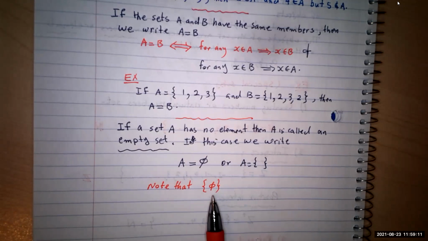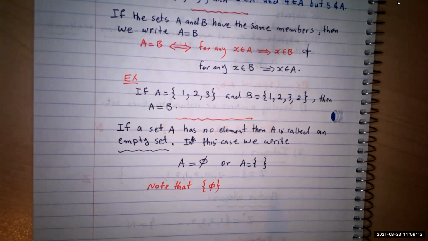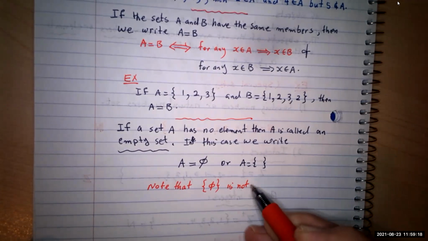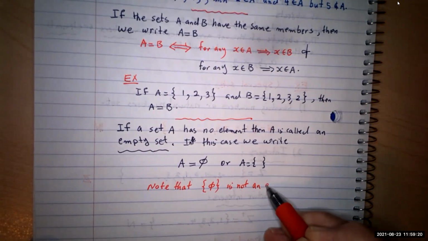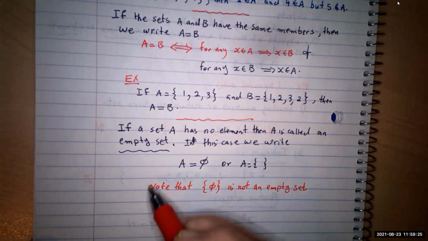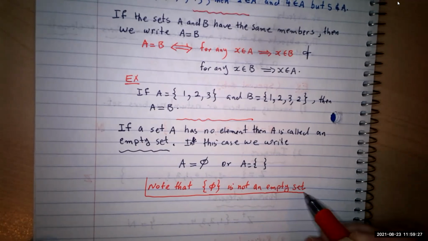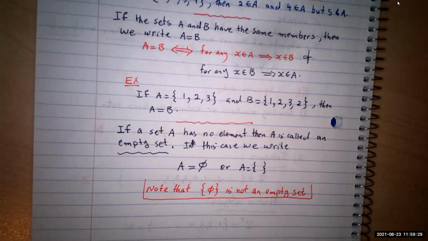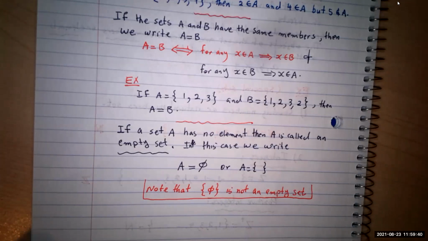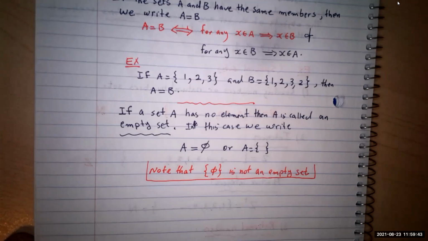So make sure you don't make this mistake for the empty set. So you can use this notation or the other one. There is nothing in it. Okay, any question? So that's the empty set.